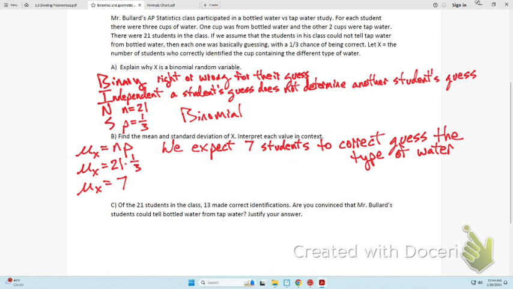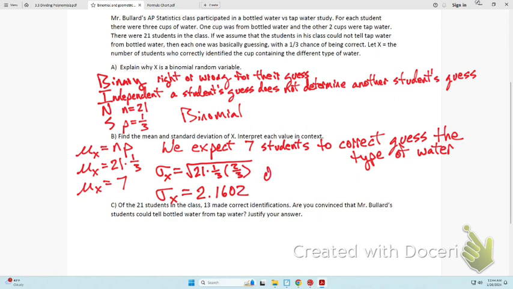So standard deviation is the square root of 21 times 1/3 times 2/3. When we do that, we end up getting 2.1602.